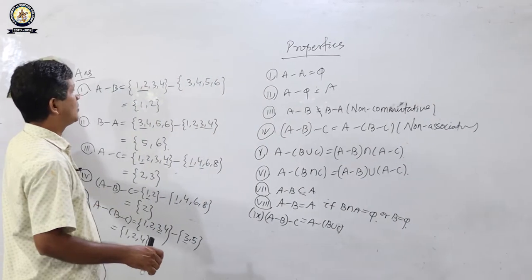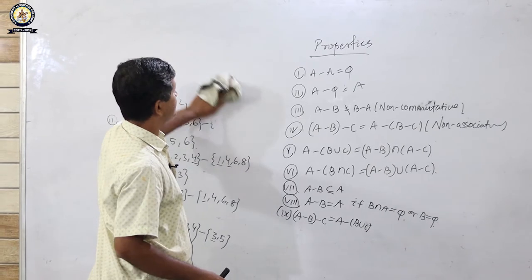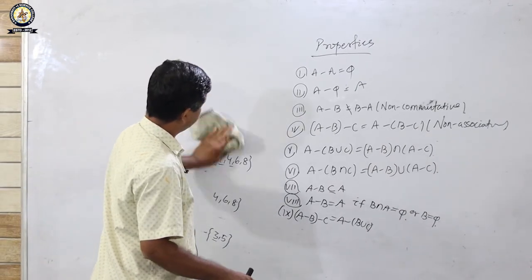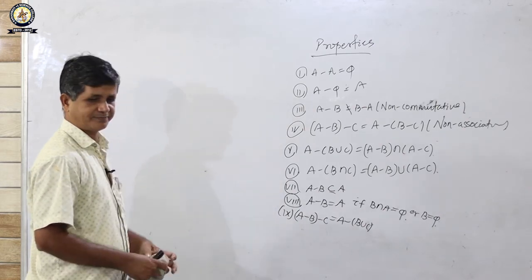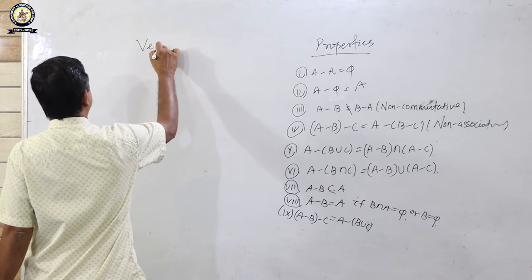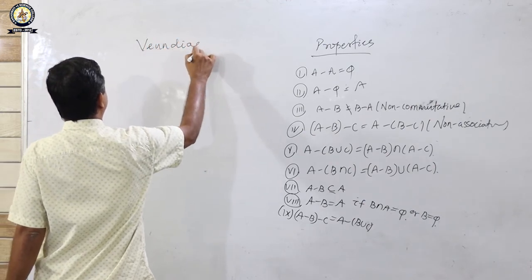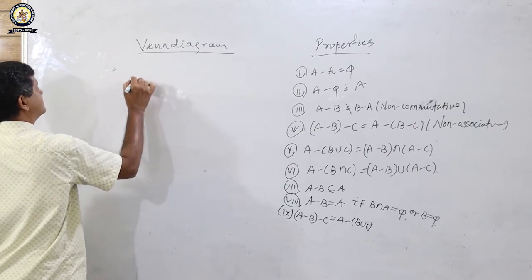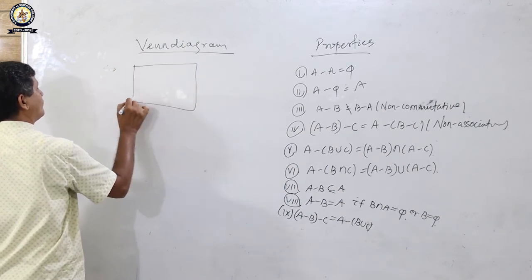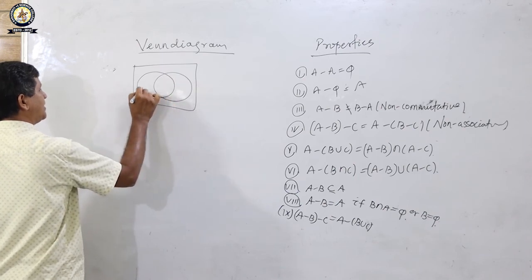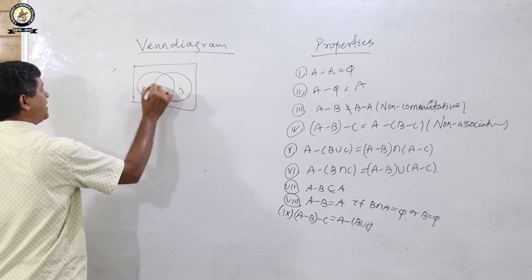Come to its Venn diagram. This is the A set, this is the B set.